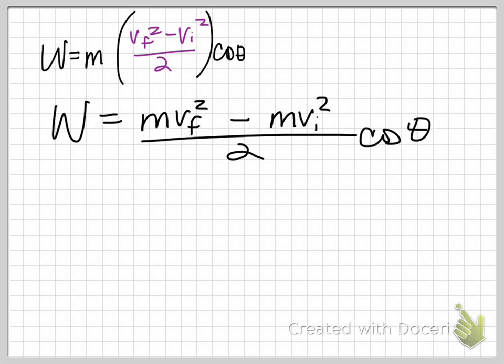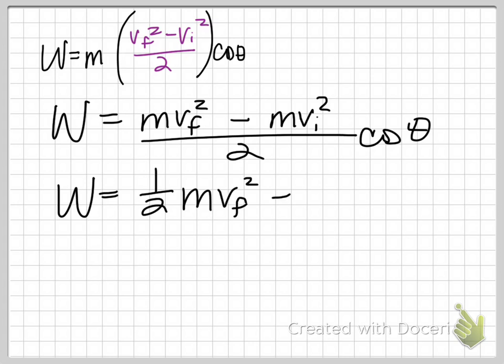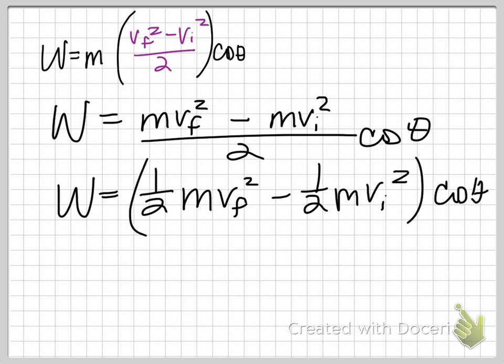Is there another way to express that? What about work equals 1/2 mass final velocity squared minus 1/2 mass initial velocity squared, times cosine theta?